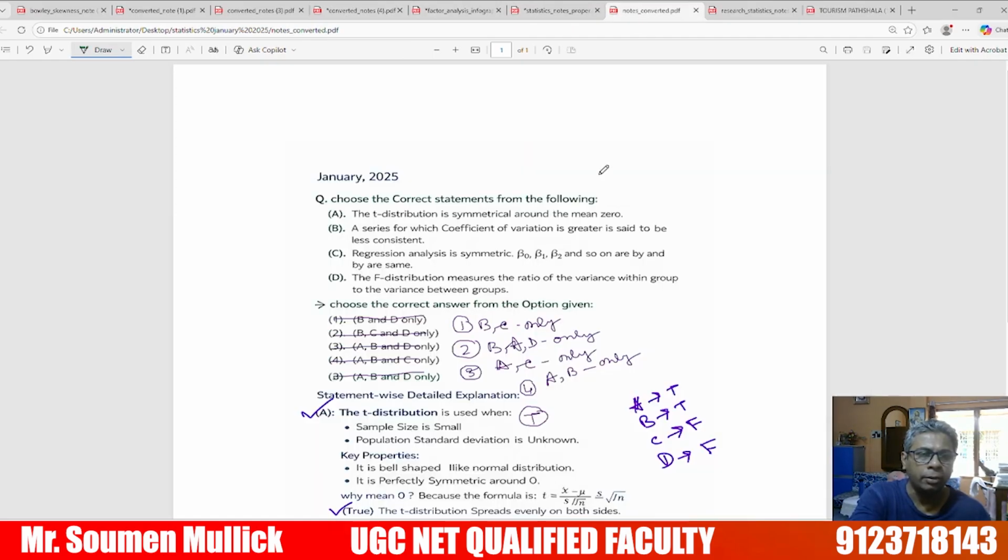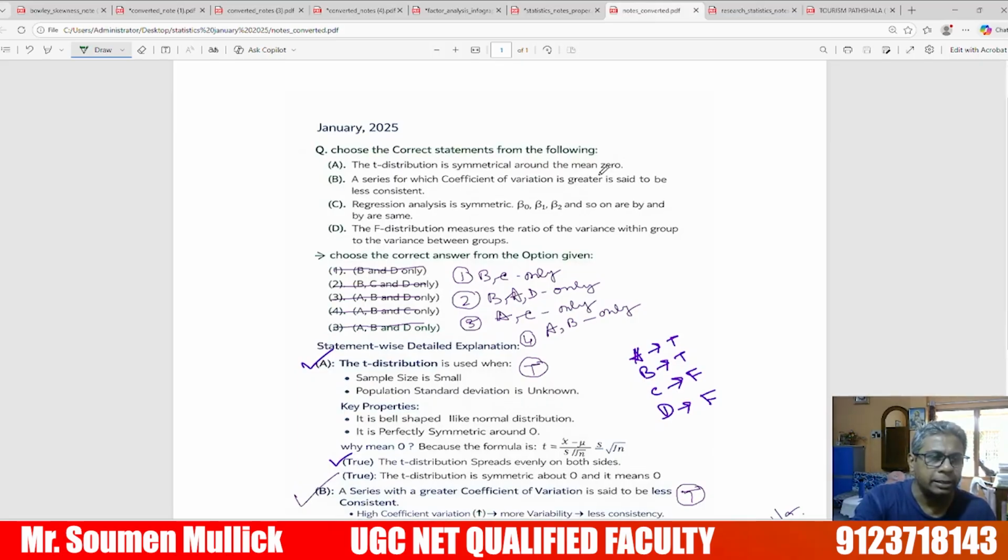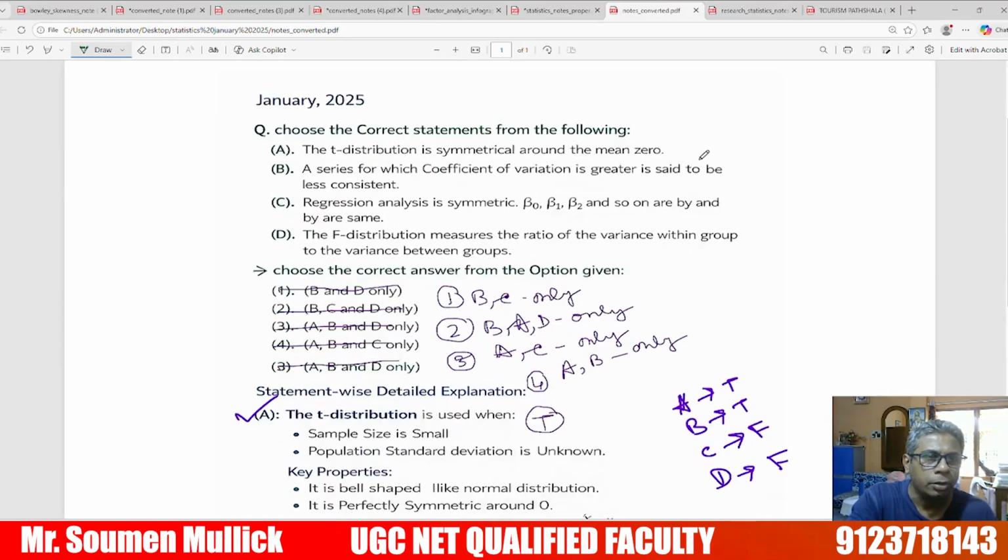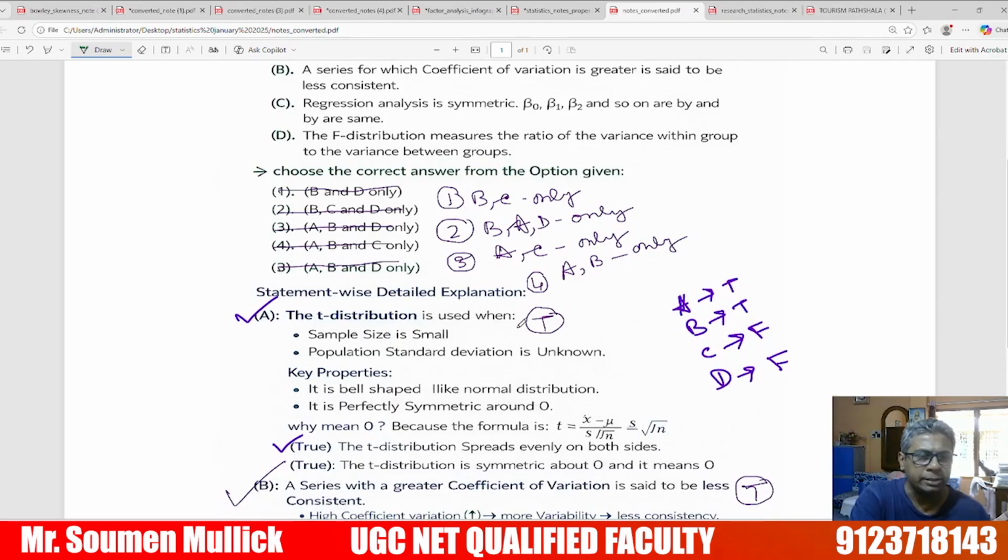Now we move on to our next question. The next question is to choose the correct statement from the following. It is given that the T distribution is symmetrical around the mean zero. T distribution is used when the sample size is small and the population standard deviation is unknown.